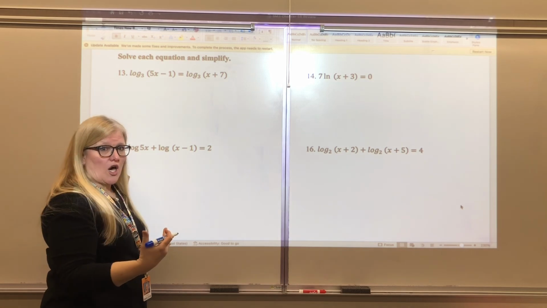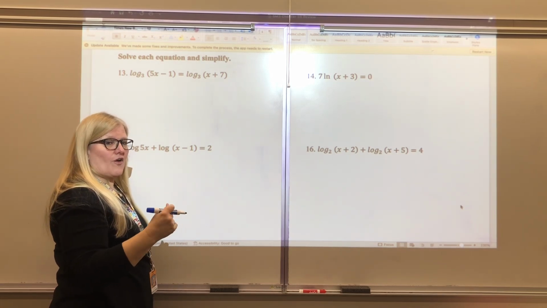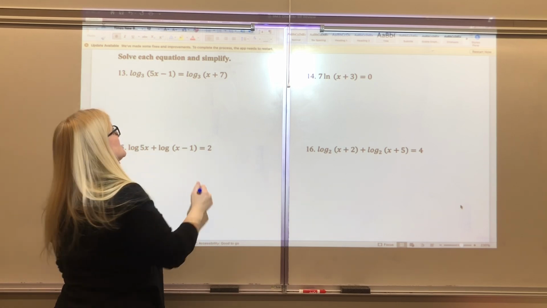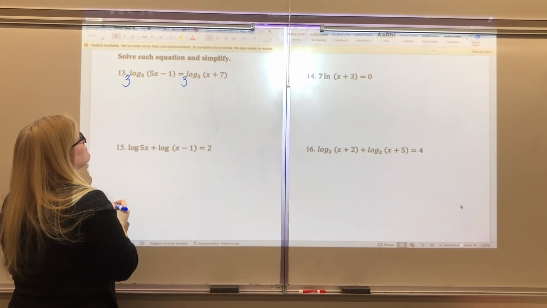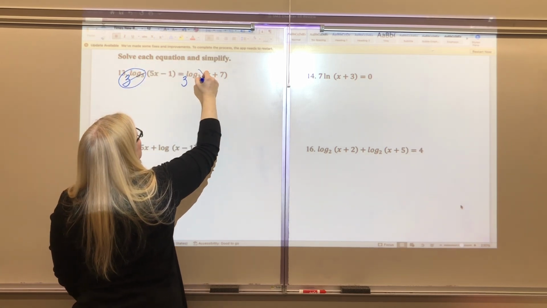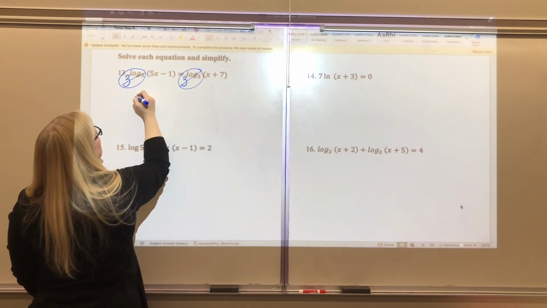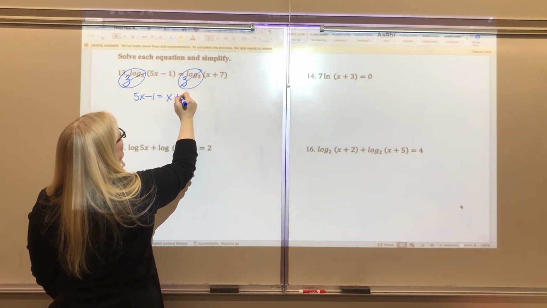To undo a log, I need to create an exponent or exponentialize, even though that isn't a word. Like this cancels, I'm left with 5x minus 1 equals x plus 7.